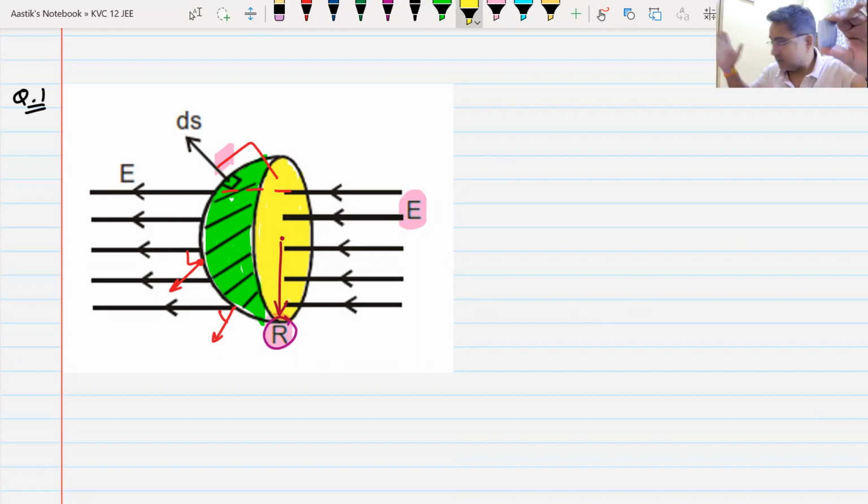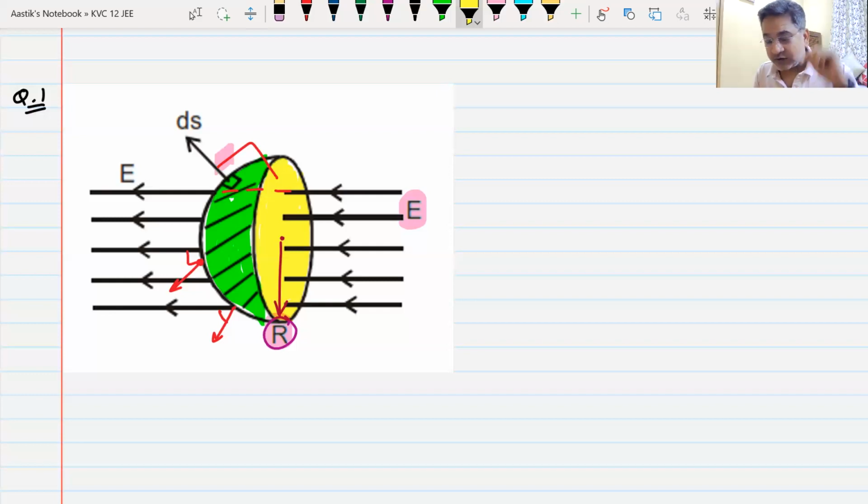What I've done is I put a cup here. What happens when I put a cup like this on this? If I put this yellow cap on that hemispherical thing, it becomes a closed surface.